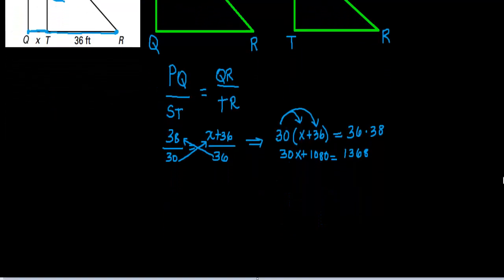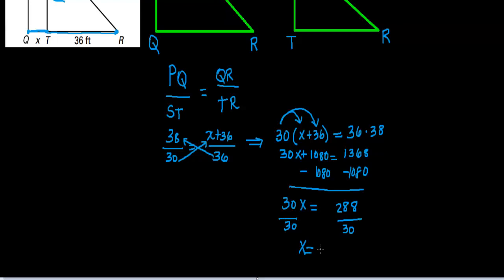I'm going to scroll down here a little bit, and here we end up with a two-step equation. So I need to isolate the x term, so that means get rid of 1,080 on each side by subtracting 1,080 on each side. And you're left with 30x is equal to 288. Okay?